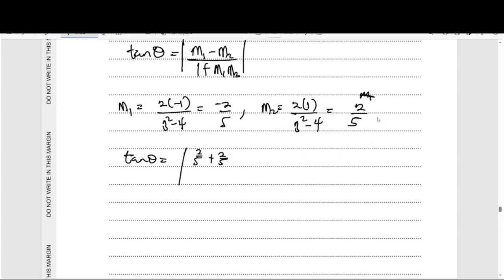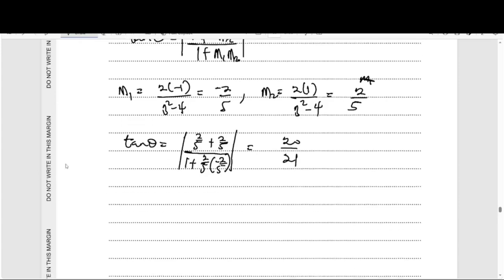So I start with the first one, 2 over 5, then minus 2 over 5, all divided by 1 plus 2 over 5 times negative 2 over 5. So at the numerator, and then I'm pointing everything straightforward, and then we get 20 over 21, right?